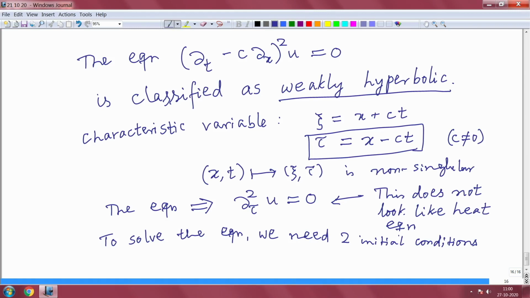Now, let us quickly solve the initial value problem or Cauchy problem associated with this equation. Since this c repeats here, we can call this a double characteristic equation.